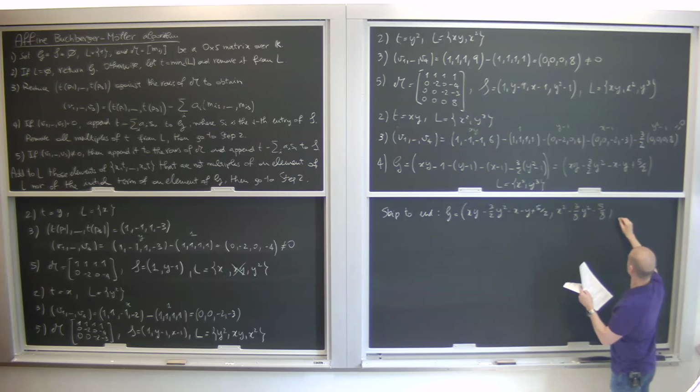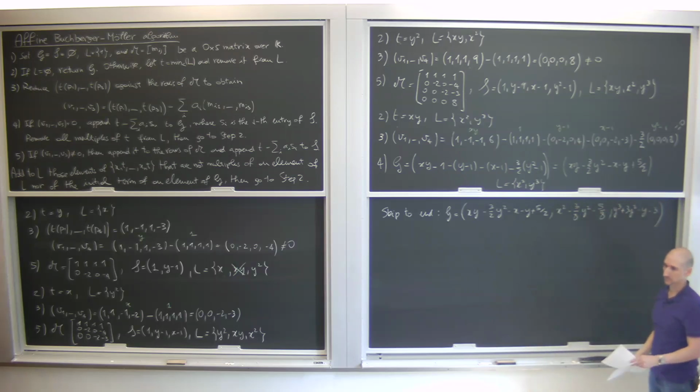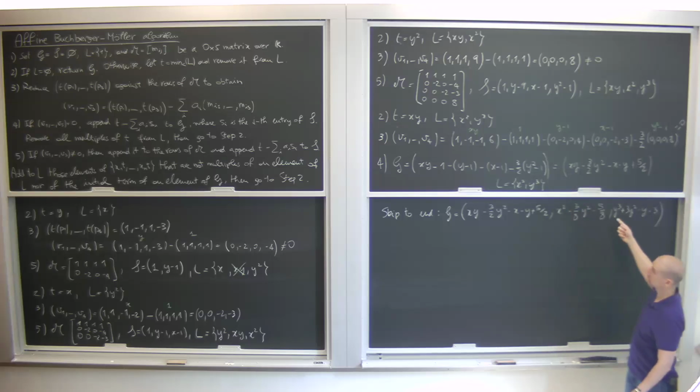And then finally, y cubed plus 3y squared minus y minus 3. I guess we can see that these other 2 polynomials in the Gröbner basis have respectively leading term x squared and y cubed, which is what we had left in the set L.